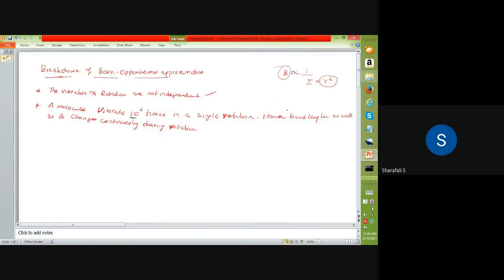As we discussed before, within a single rotation there will be 10 raised to 3 vibrations of the molecule. In each of those vibrations, the bond length will change, and because of that, your rotational constant is going to change.